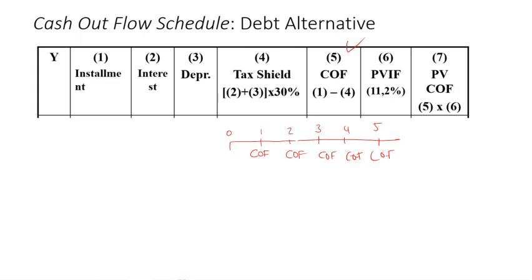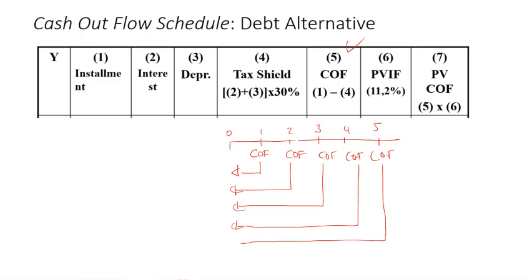So every year there is a cash outflow, and we need to discount all of the cash outflow for each period to the recent year, which is year 0. And as you know, to make this happen, we need to make it the present value of 1.